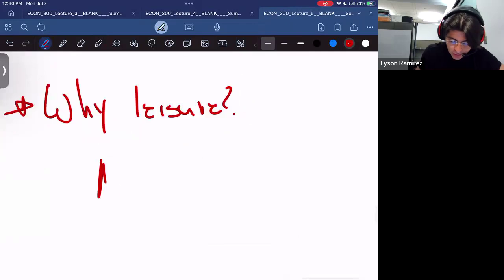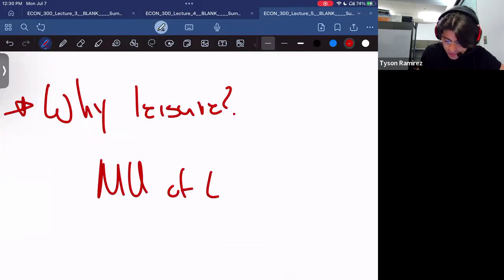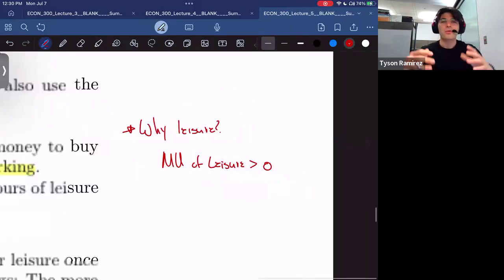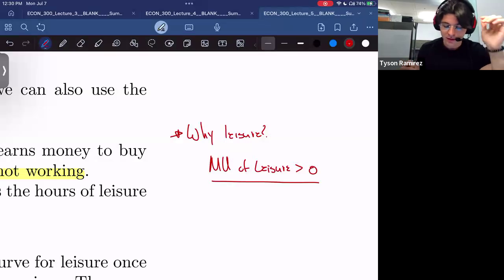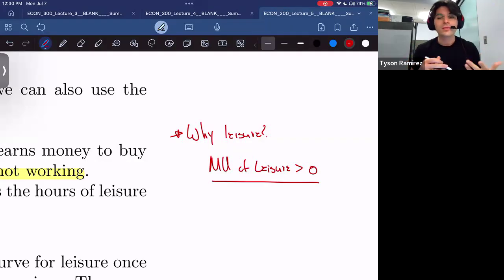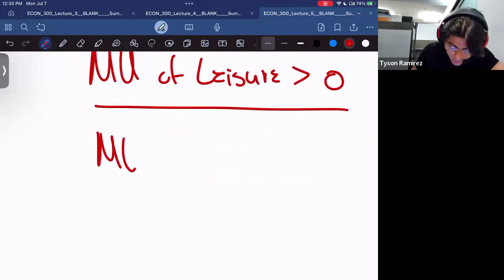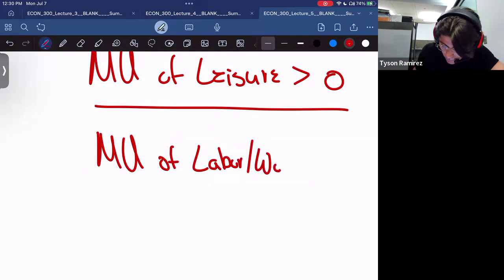Why leisure? Because the marginal utility of leisure is positive. Everybody likes more time to chill. And we want a positive marginal utility. So it's often easier mathematically to think of things in terms of leisure time because of this nice result right here, that the marginal utility would be positive. Whereas the marginal utility of labor, of working, for most people, on average, this is negative.